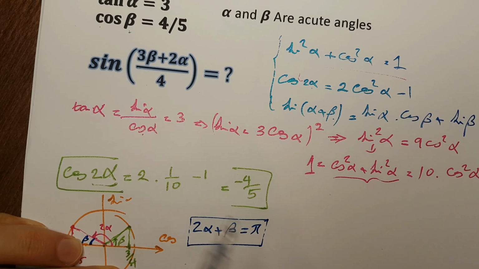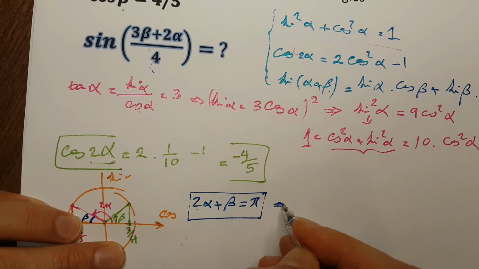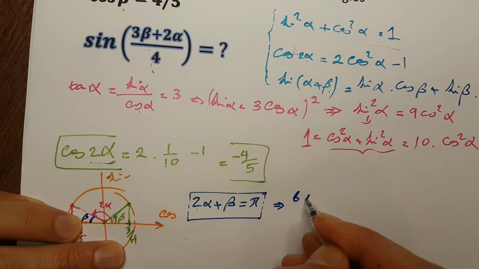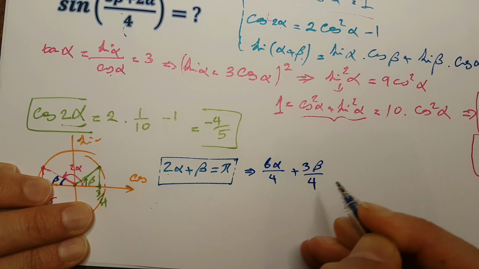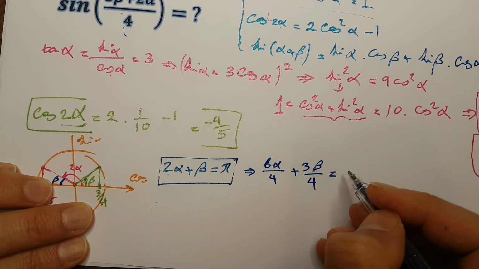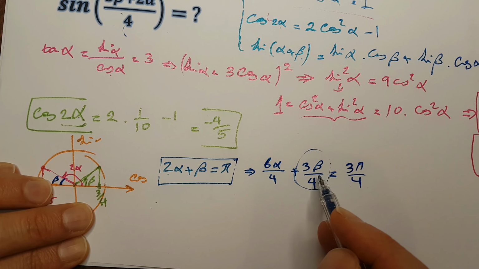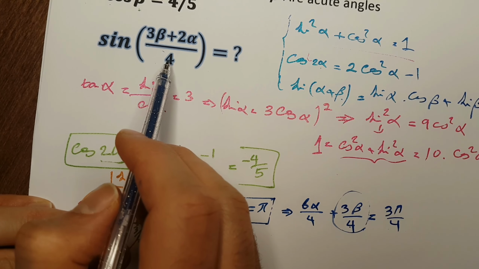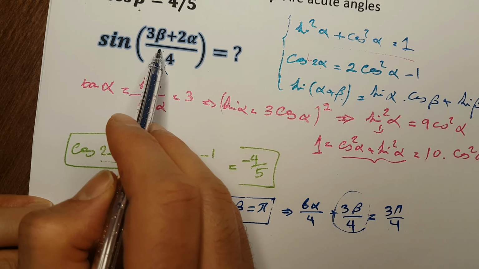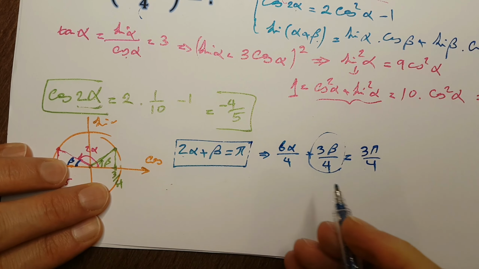So then, in order to construct this, let's multiply both sides of this equation by 3 and divide by 4. Then 6 alpha over 4 plus 3 beta over 4 is going to be equal to 3 pi over 4. And from here, let's calculate 3 beta over 4 and put it inside this relation. So 3 beta over 4 is going to be 3 pi over 4 minus 6 alpha over 4.